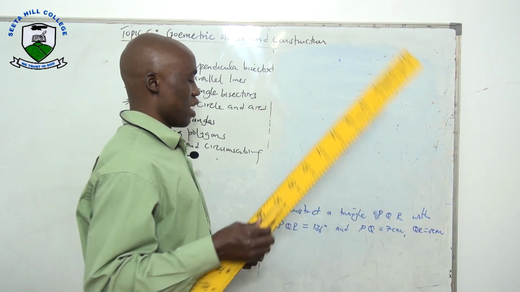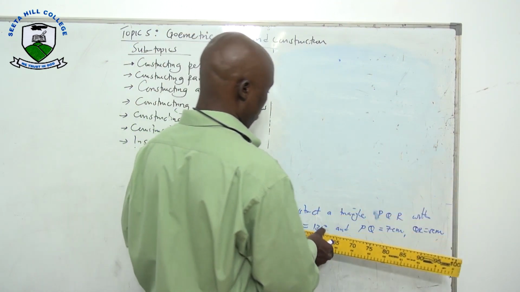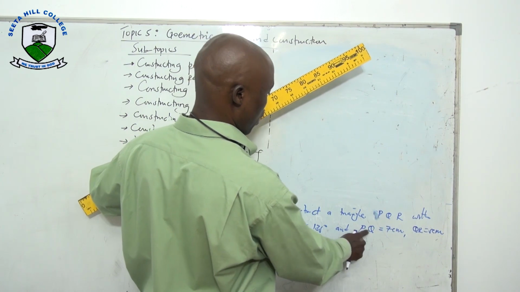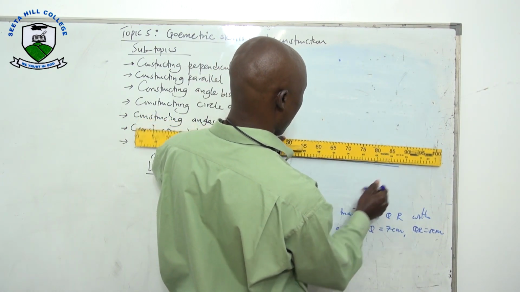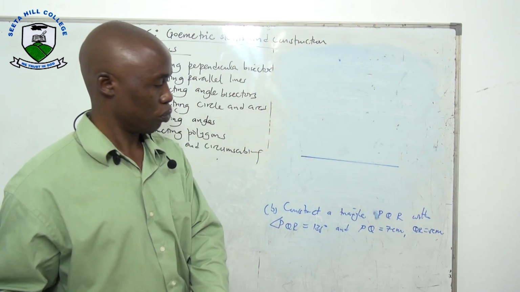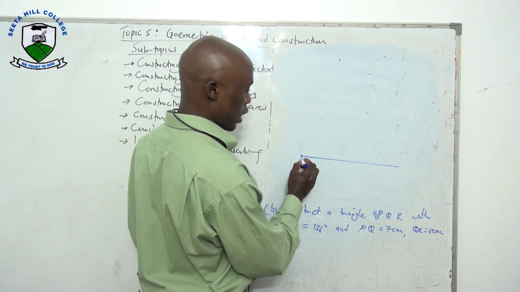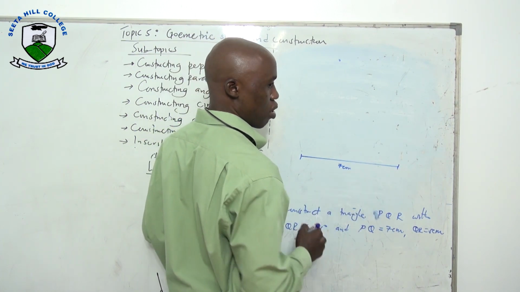Construct. Now that 135 is one of the given angles, meaning the P and the Q. PQ is already given. That means ensure Q is the given angle. This length is how long? 7, not so?